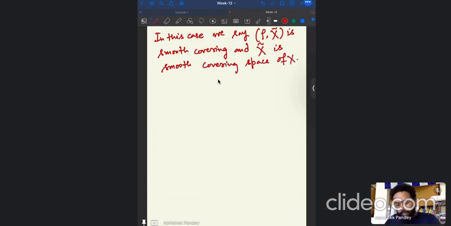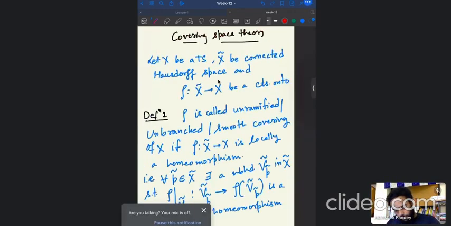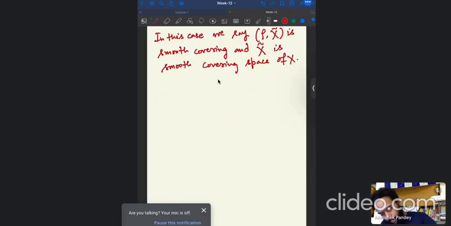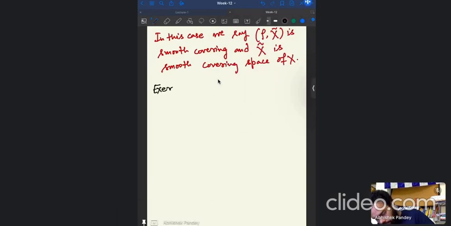So here is some exercise which we can do. I will leave it as an exercise only, but it is easy to check.